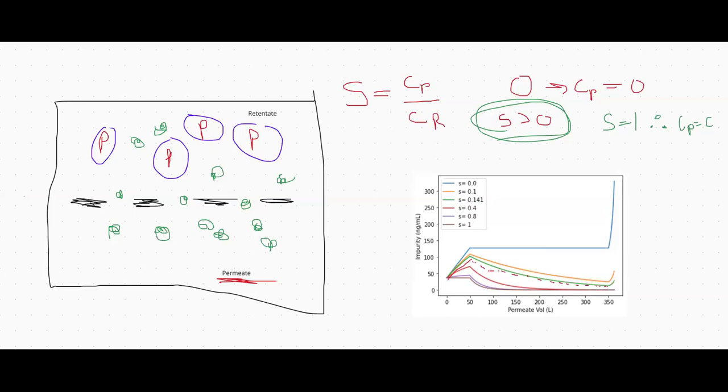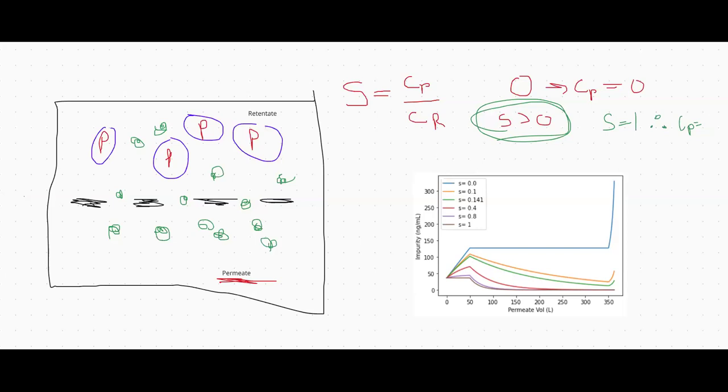Okay, so the sieving of your solute of interest, if it's 0 and it's fully retained, you can see that the concentration is going to increase or stay flat. But if it's greater than 0, it'll increase to some degree and decay over the diafiltration step, and then increase again during concentration.